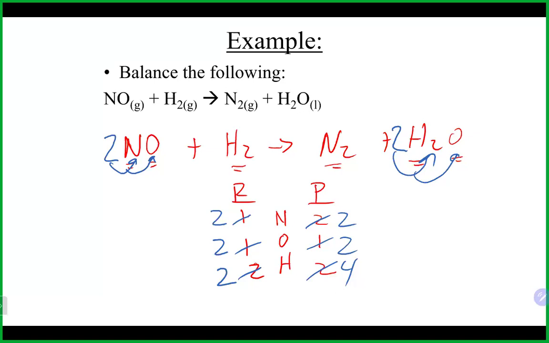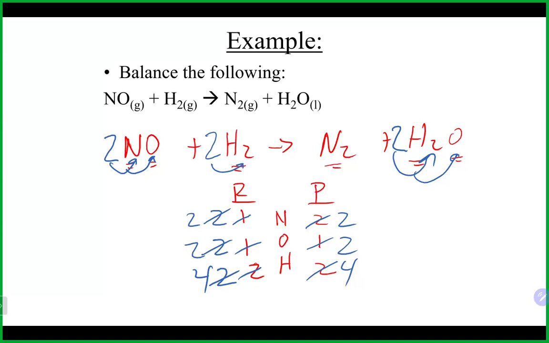So I'm almost there. I've now got the nitrogen and oxygen balanced. I could clearly see from my table the only thing that's not balanced is the hydrogen, which we could fix by coming back to the left-hand side and putting a 2 there, giving me 2 nitrogens, 2 oxygens, and once again, 2 times 2 there is 4 hydrogens, and we would have a balanced equation.